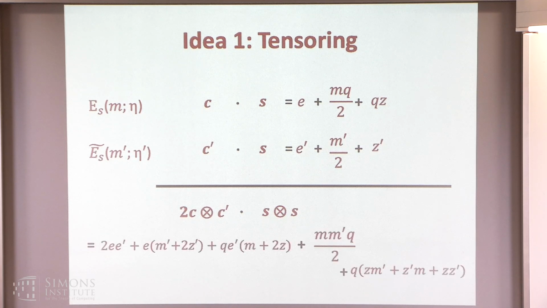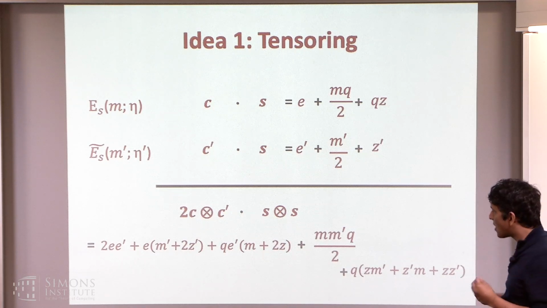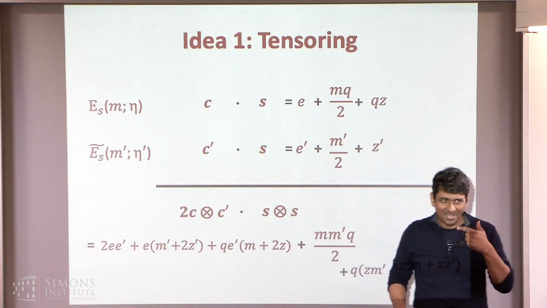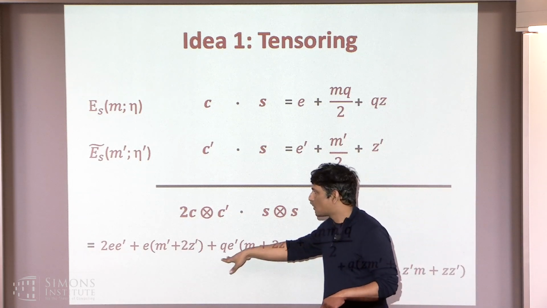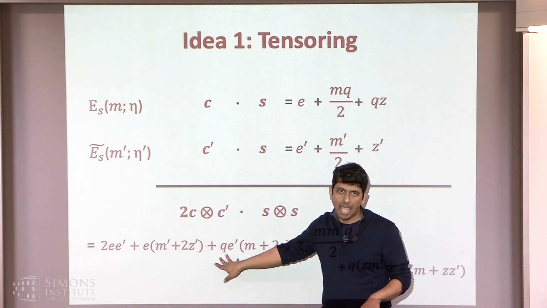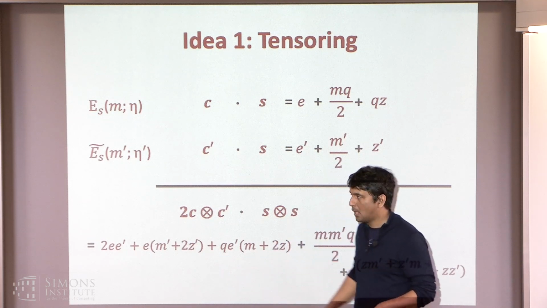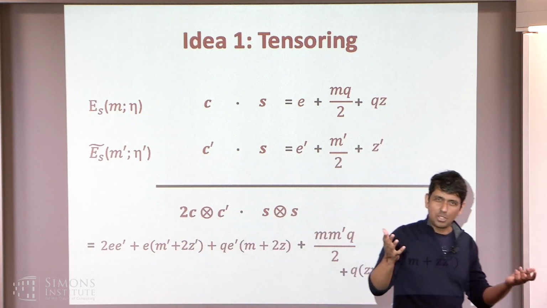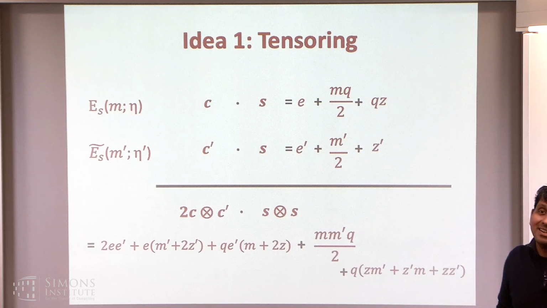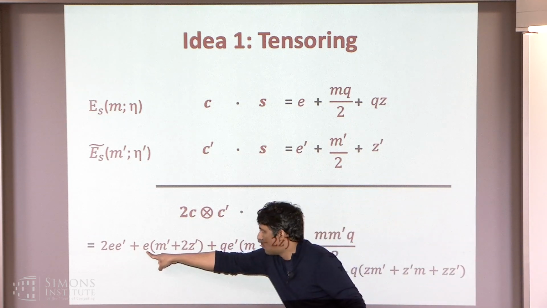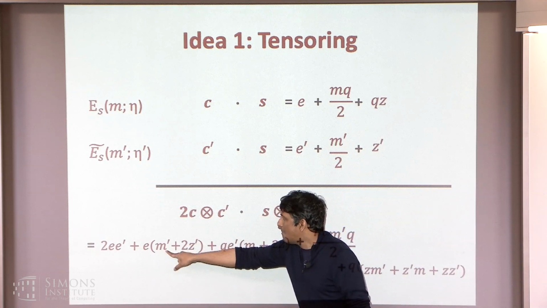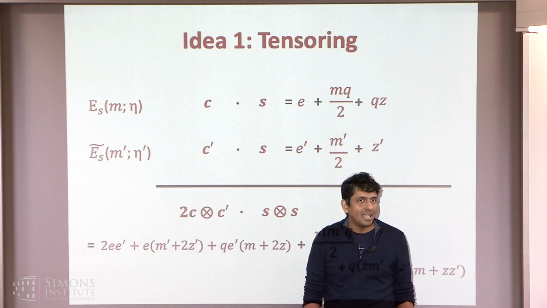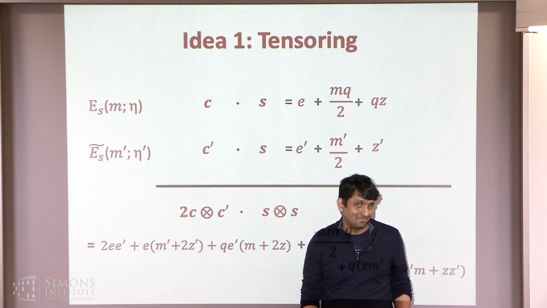And brace for it. So some ugliness comes into the picture, and you trust me, or you can go back and verify in the recorded video, that this is really a small error. Why? Because, just to start with, E is a small error relative to Q, and E' is a number that's smaller than 1, so it can only reduce the size of the error further. M' plus 2Z' is a small number.